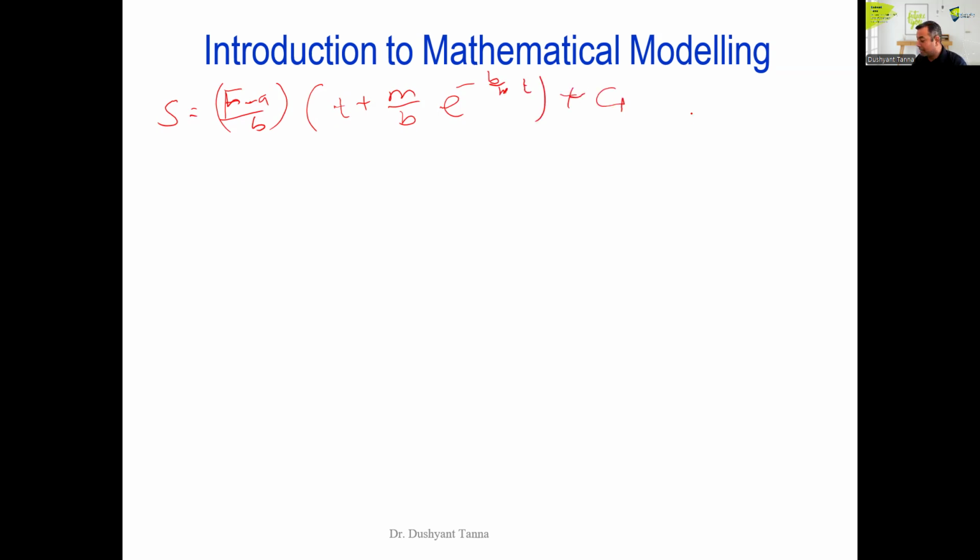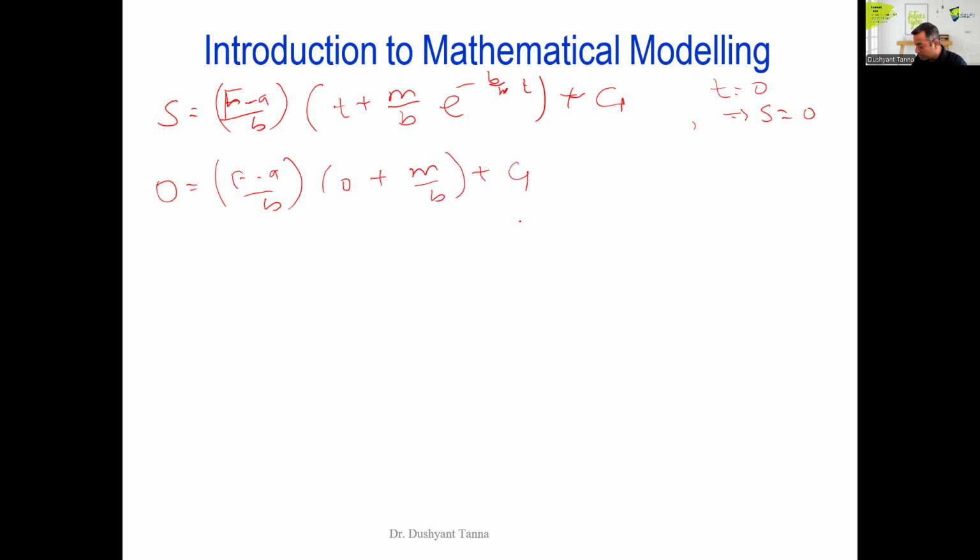Now I'll replace the second initial condition. When t is 0, s is 0. So 0 is equal to (F minus A) over B times m over B, plus C1, right?